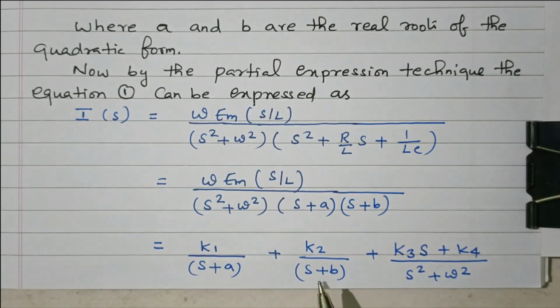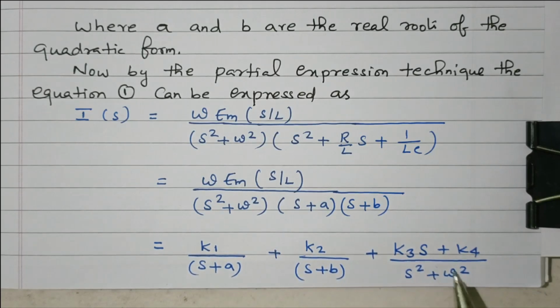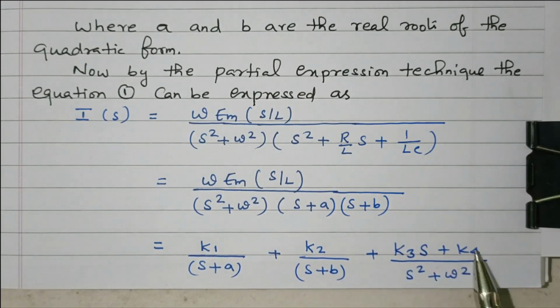Earlier (s plus a) the whole square was there, but here only two terms, (s plus a) and (s plus b). And the remaining term is the same as previous: (k3 s plus k4) divided by (s square plus omega square). Now we can take the inverse Laplace in order to find the transient current.